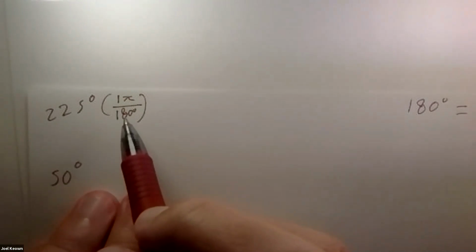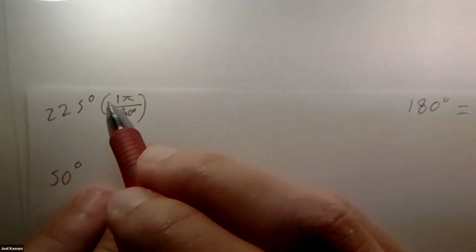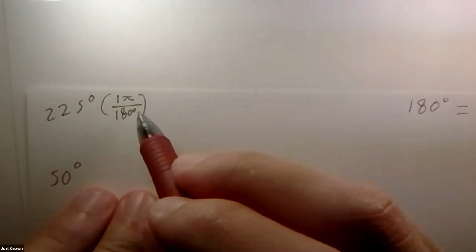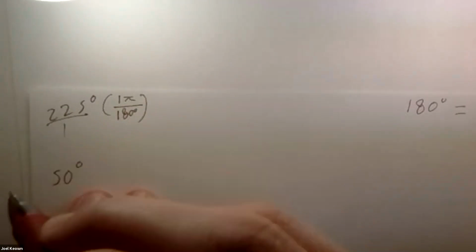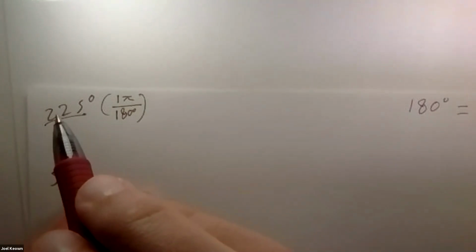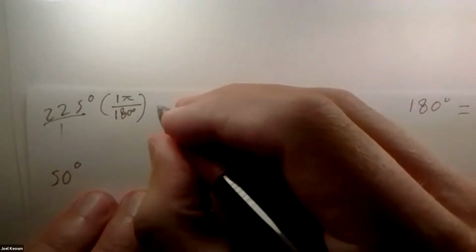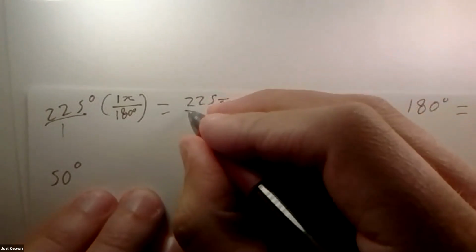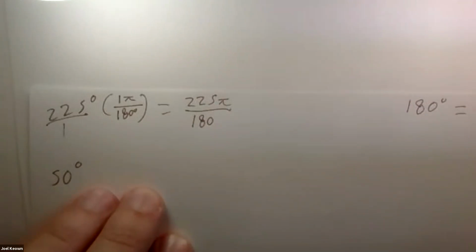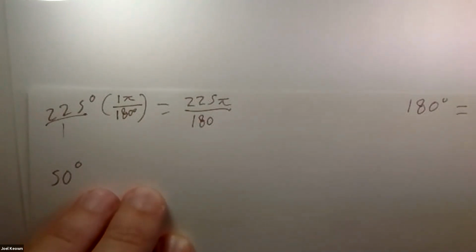But this allows me to convert from degrees to radians because my degrees symbols are going to cancel out, and I'm going to be left with radians. So I'm going to change that to over 1, multiply across, 225 times 1, 225 pi over 180. And now I'm just going to simplify.